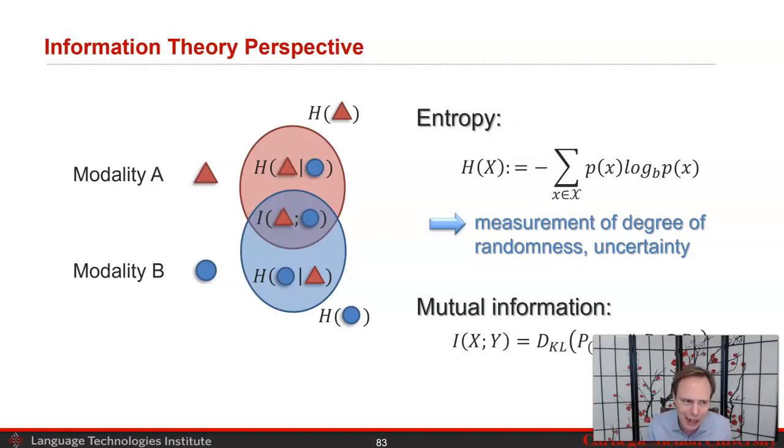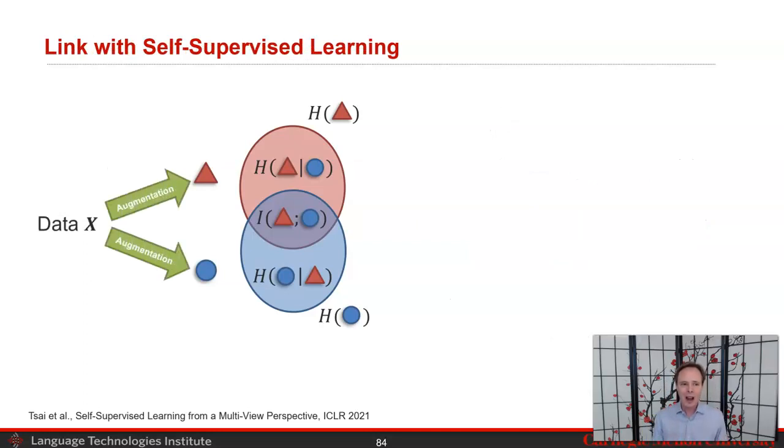So when you start looking at things from an information theory perspective, then you can even look at it in a self-supervised way, where each modality could be seen as an augmentation of the original data. In our case, we have each modality by itself, but you could imagine eventually also in the self-supervised learning way.